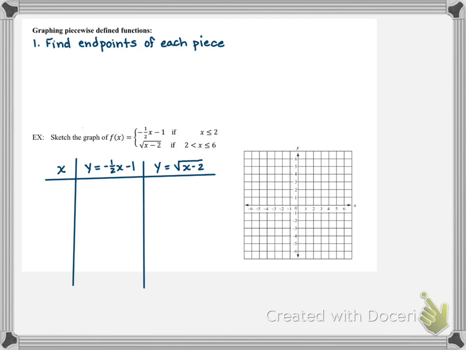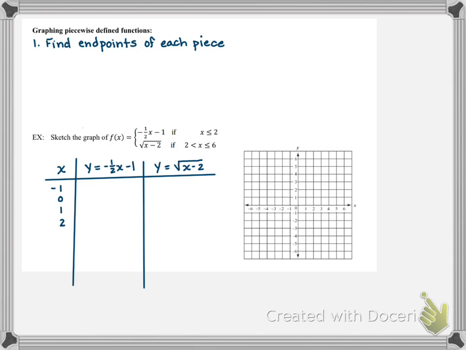So our endpoints are at 2 and 6. Since we don't have a left endpoint, so there's no number over here that tells us to stop there, we can do anything that's to the left of 2. So we can do any number less than 2. I always go at least 2 numbers less than that. So I'll start at -1, 0, 1, 2.